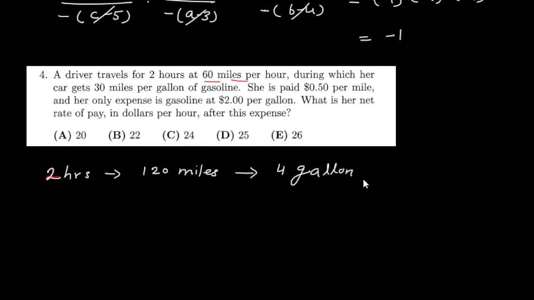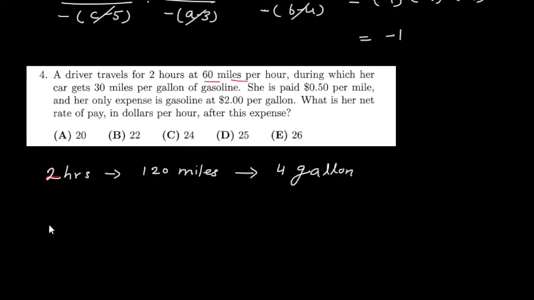Now she is paid $0.50 per mile and her only expense is gasoline at $2 per gallon. Now her earning is $0.50 per mile.